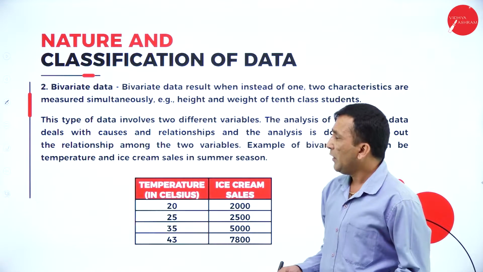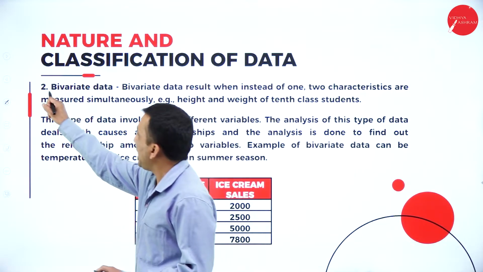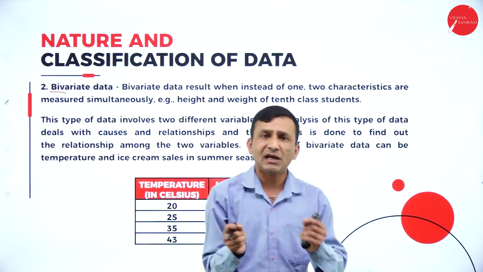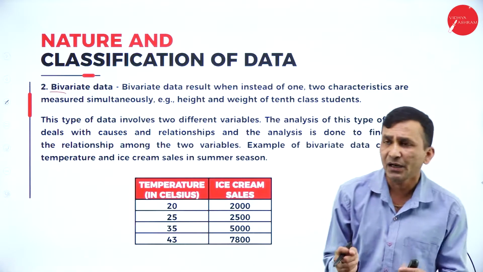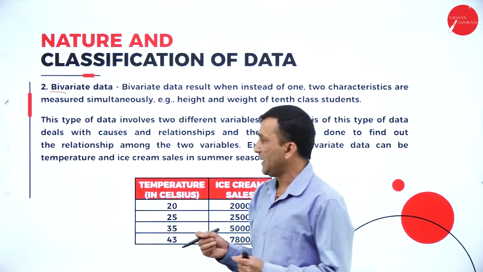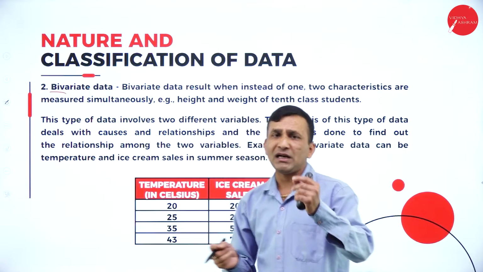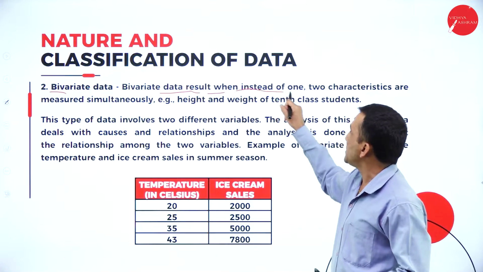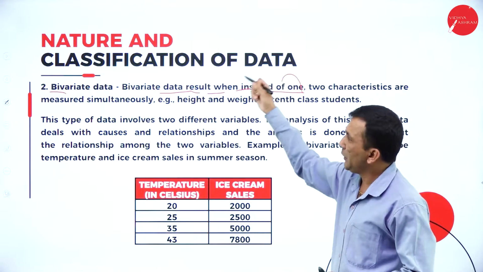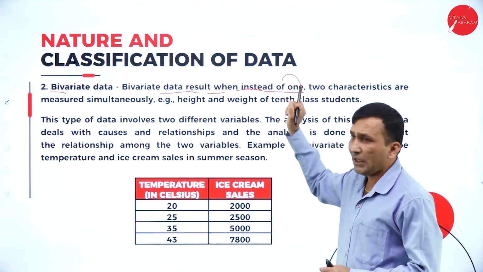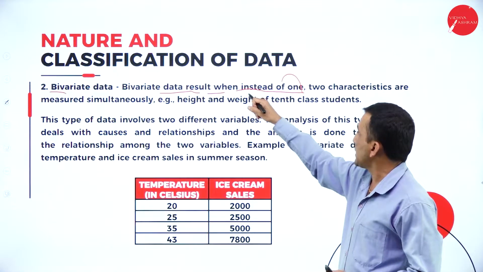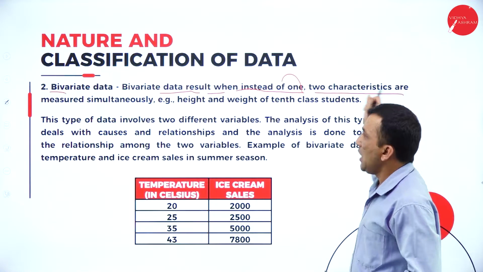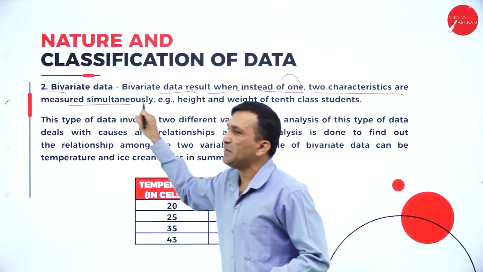Moving forward to bivariate data: bi means two variables, two characters when we go into the study. Easily you can identify there are two elements, two characters or two variables. Bivariate data result when, instead of one variable as in univariate, two characteristics are measured simultaneously.